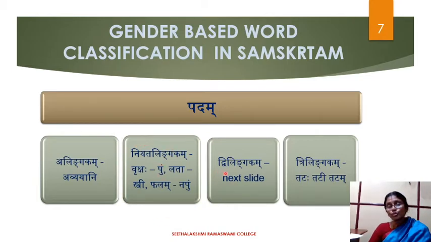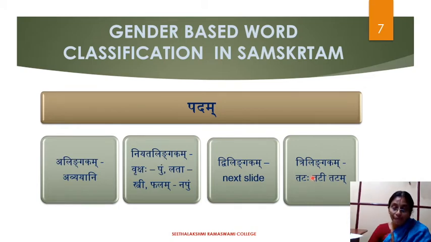Now moving on to Dvilingaka padas, we have some various types of Dvilingaka padas. We will see it separately in the next slide. And moving on to the Trilingaka padas, we have Tataha, Tati and Tatam. Tata means shore or banks of a river. So here what we have to remember is the lexical entry should be one and the genders assigned should be three.